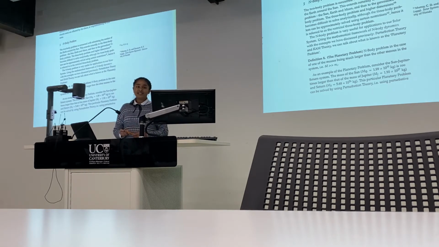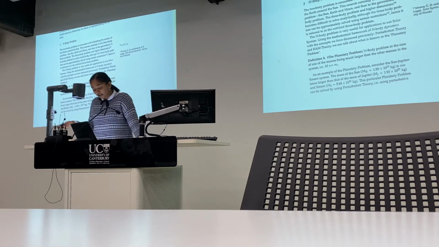What we find is that for n greater than or equal to 3, the n-body problem becomes difficult to solve analytically. So we can use perturbation theory and KAM theory together to be able to solve approximately the n-body problem.